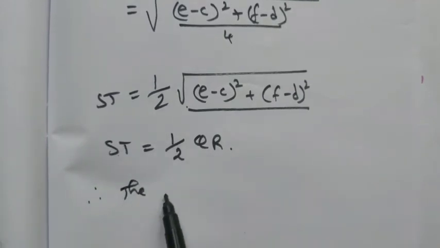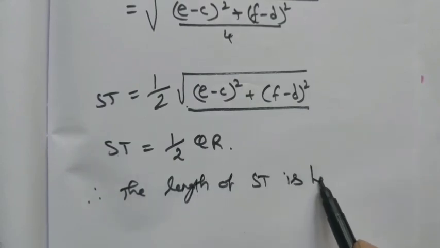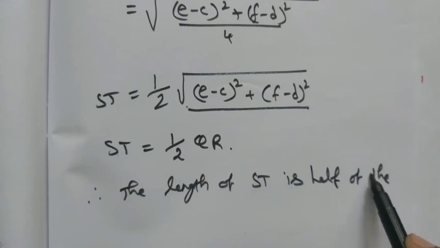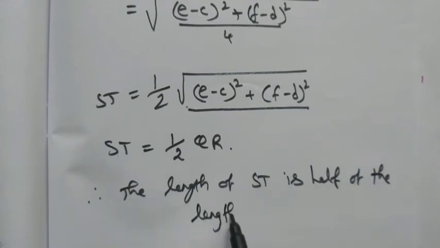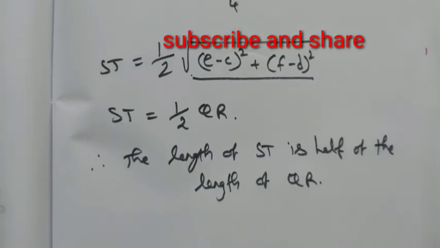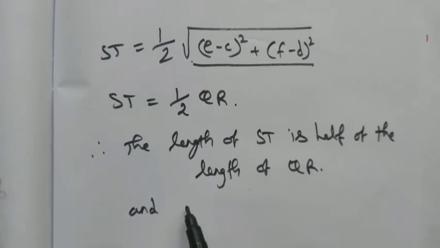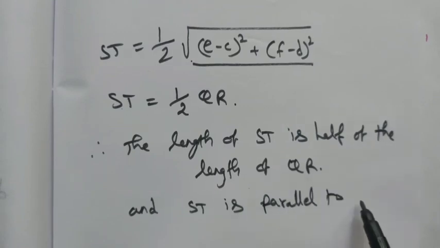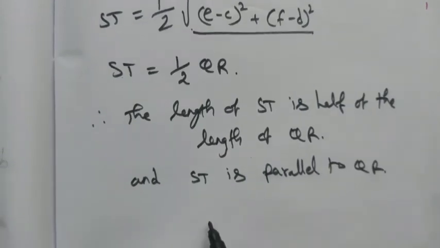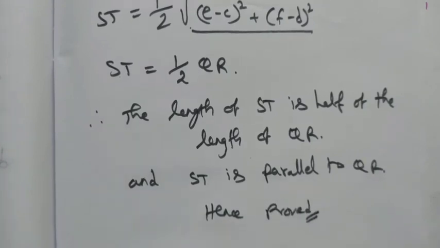Therefore, the length of ST is half of the length of QR, and we have already found that ST is parallel to QR, hence proved. Thank you, students.